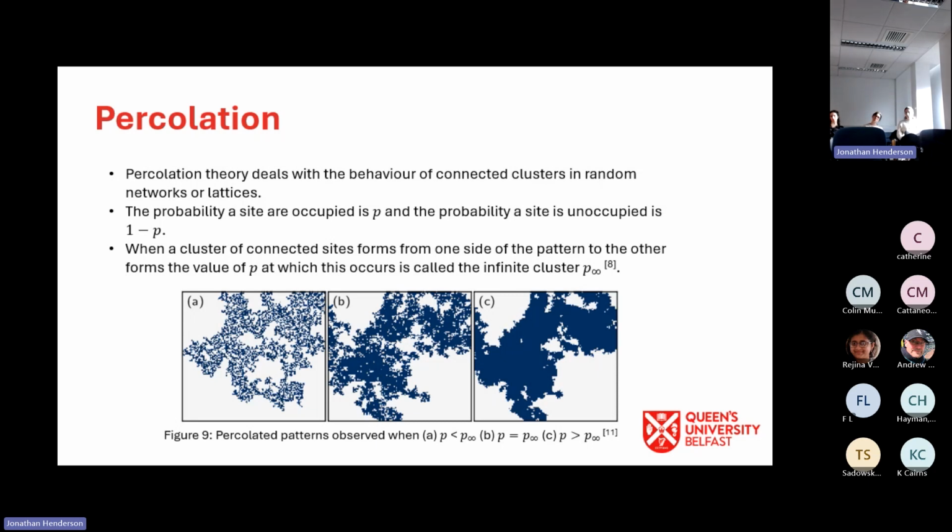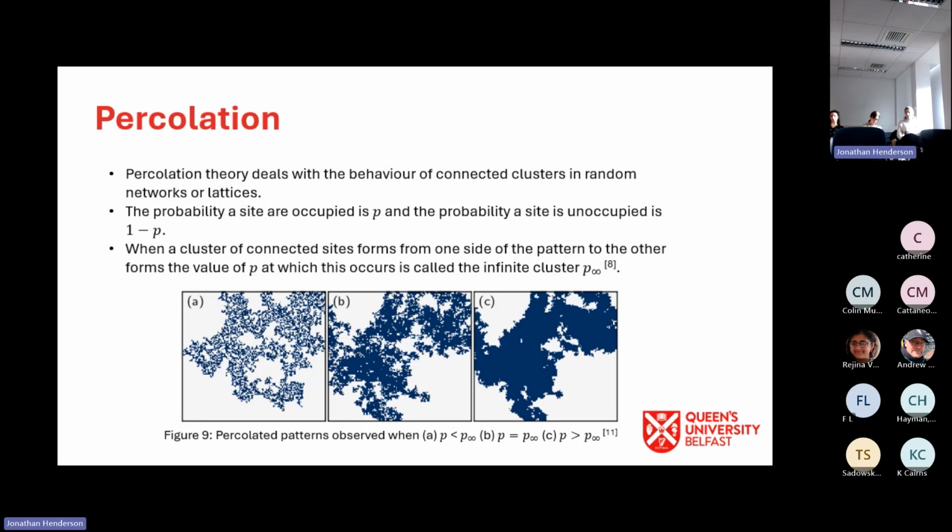In A, our value of P is less than P infinity, the probability at which the two sides become connected. In B is the example where an infinite cluster has just occurred, or our value of P is equal to P infinity. And once we go past that value, the cluster gets bigger.